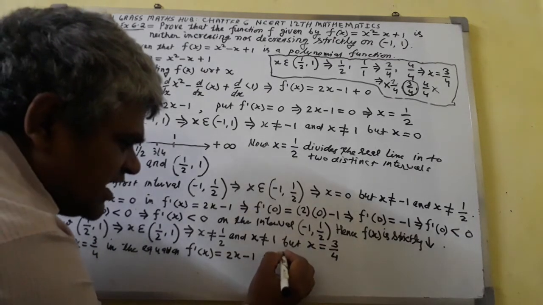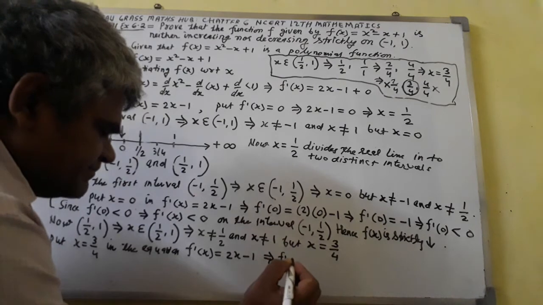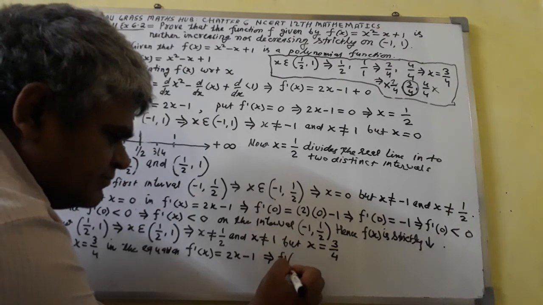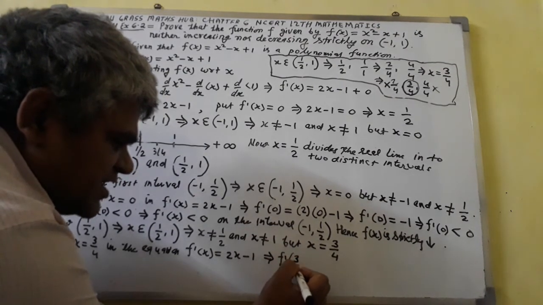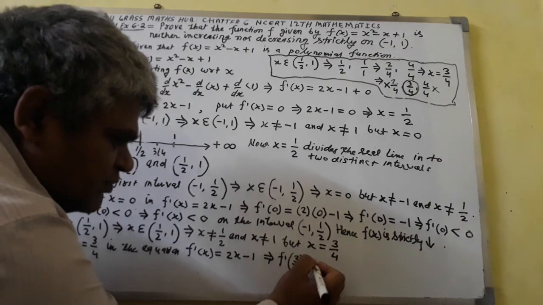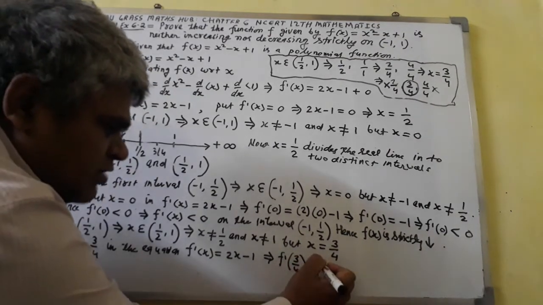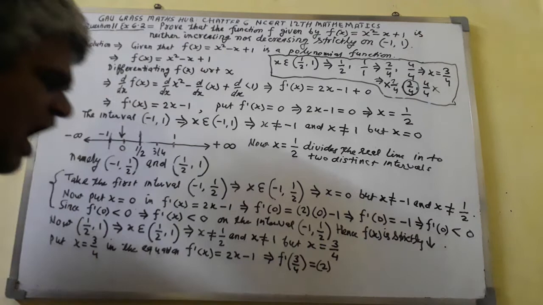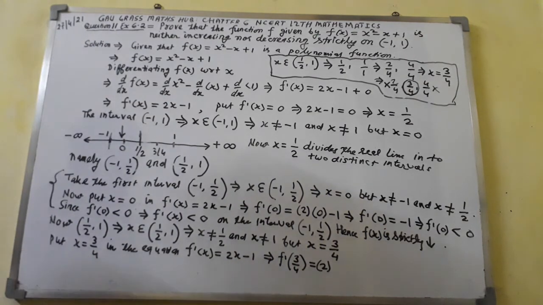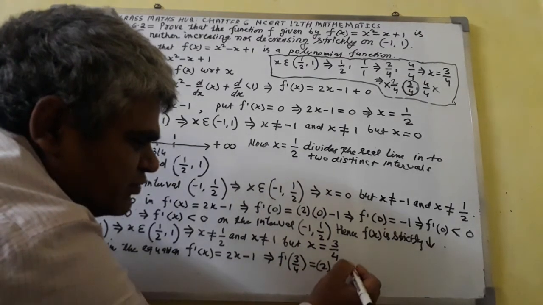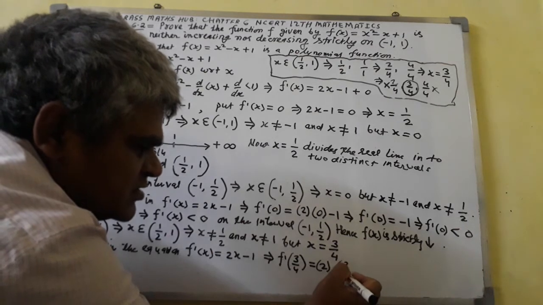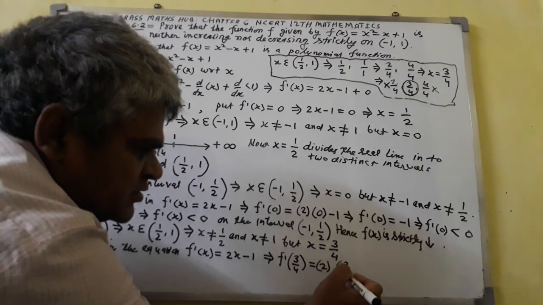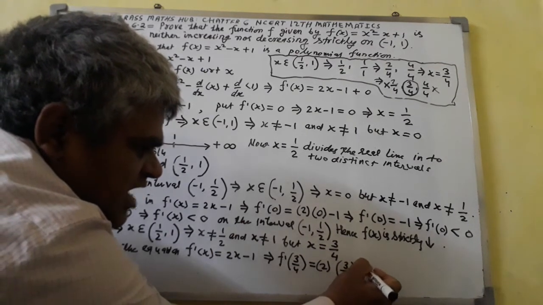So here I shall write f dash of 3 over 4 equal to 2 times, in place of x I write 3 over 4, and again write here minus 1.